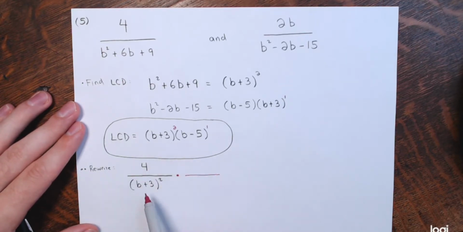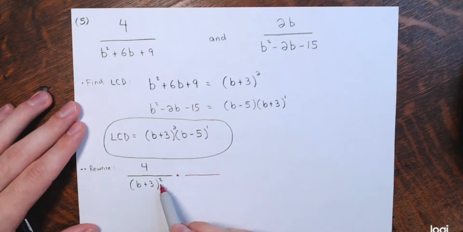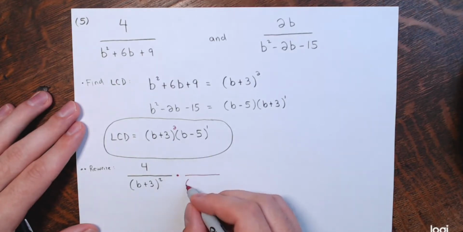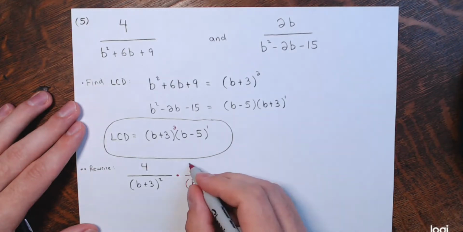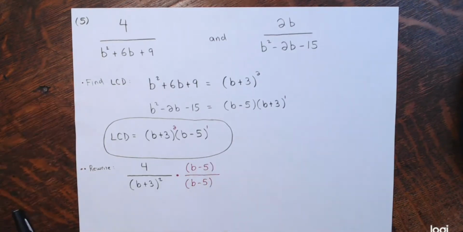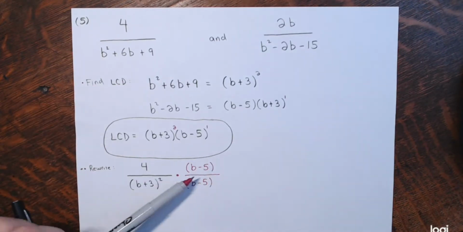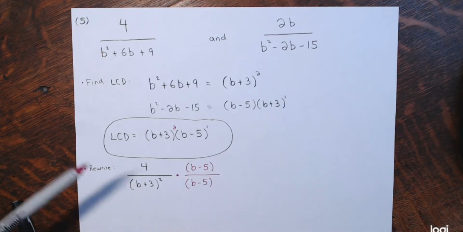Now notice it already has b plus 3 twice, which the LCD does too, b plus 3 squared. The only factor it's missing is b minus 5, so I need to multiply the denominator by the factor b minus 5 and do the same with the numerator. So again, you can leave this factored, write 4 times the quantity b minus 5 in the numerator, and then b plus 3 squared times b minus 5 in the denominator. That's fine.